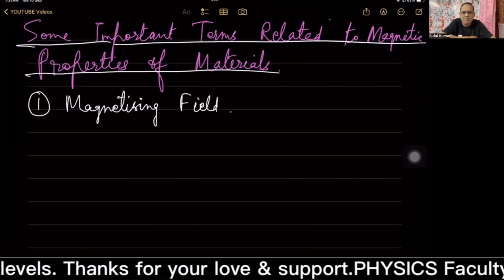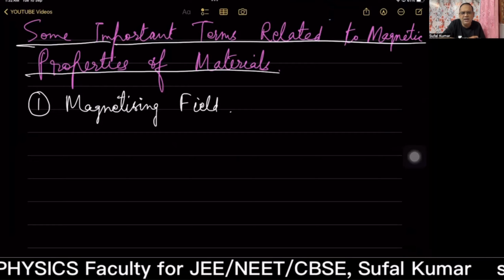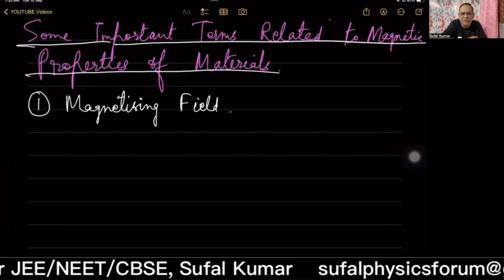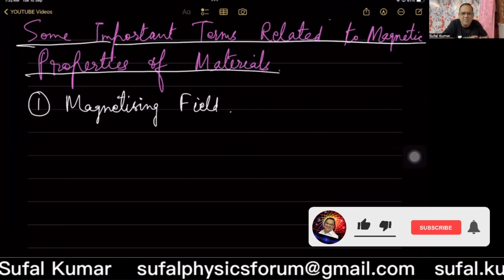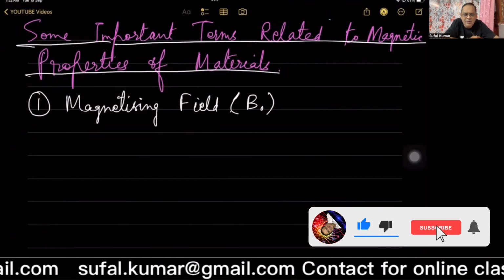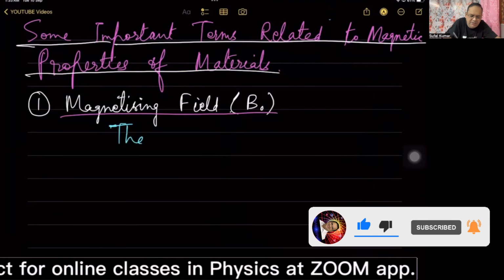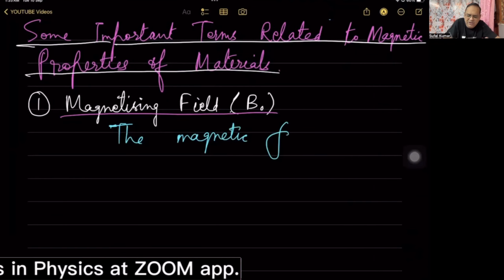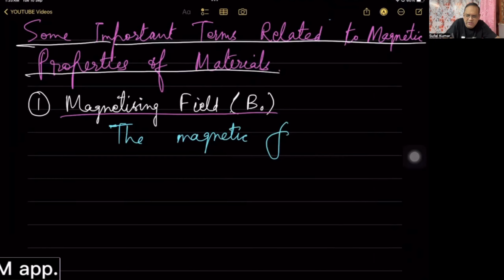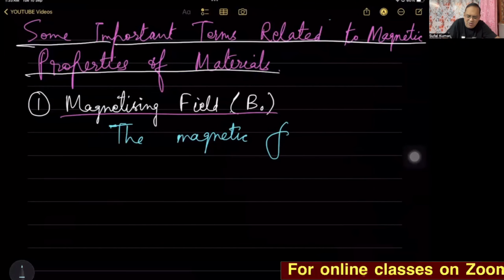Now the heading: some important terms related to magnetic properties of materials. Under this heading, the first term to define and explain is the magnetizing field, B naught. Now we'll have four or five very similar terms. I'll keep on differentiating among all the terms we are discussing one by one; they will appear similar, but there would be slight differences among all.